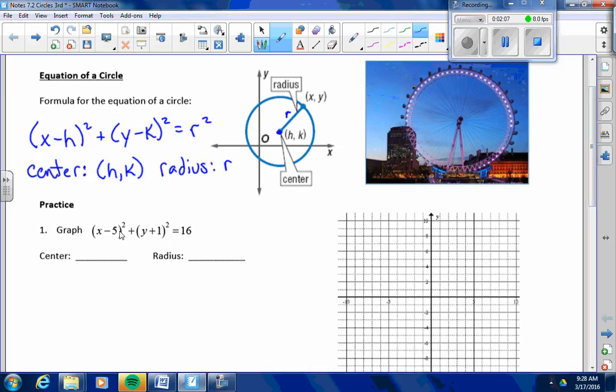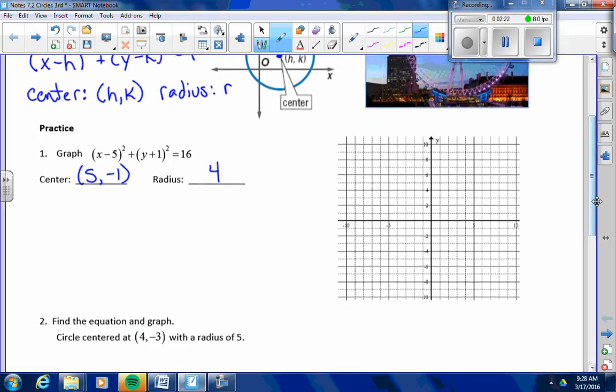Graph x minus 5 squared plus y plus 1 squared equals 16. So what is the center? 5, negative 1. What is the radius? 4. And now we need to graph it. So 5, negative 1 puts us there.